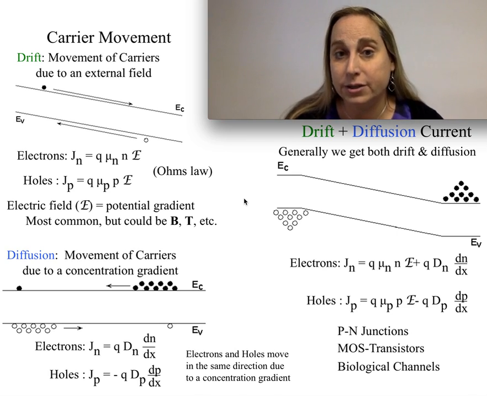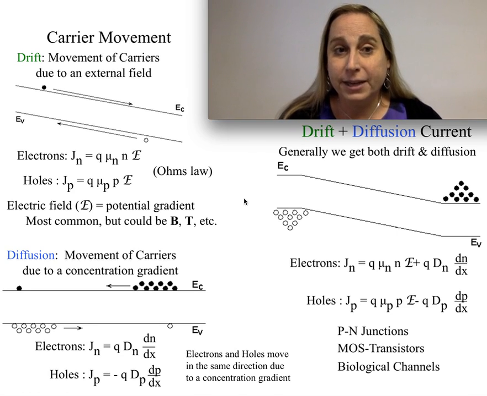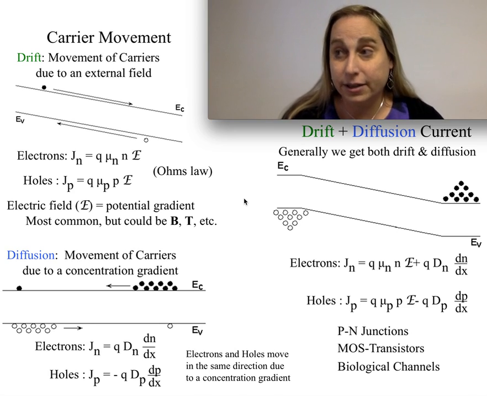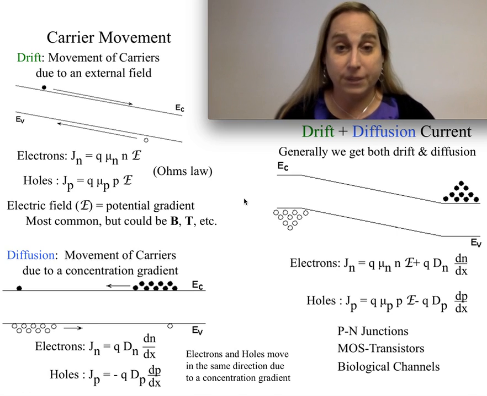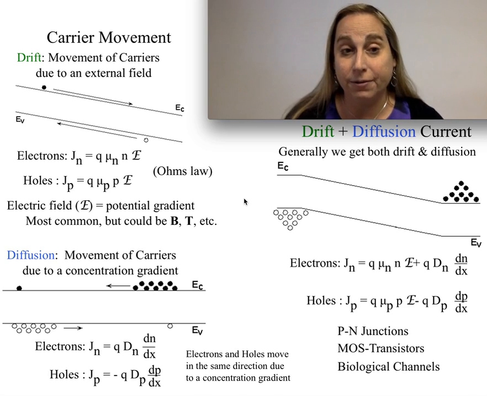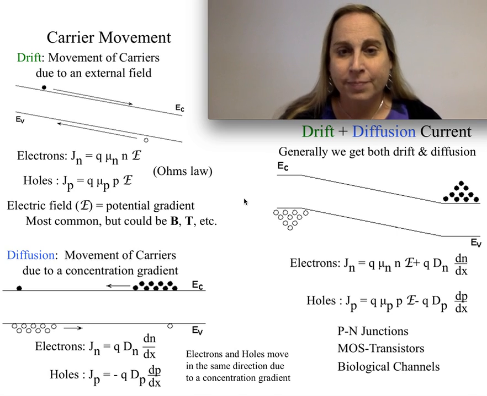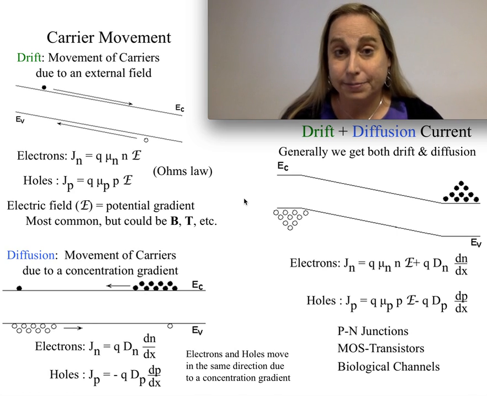Now, when you're doing this, we're making certain assumptions that, on average, we're not dealing with very high electric fields. We're not doing things that radically change the distribution functions, staying away from the higher field effects, where the distribution functions of the carriers matter a lot.